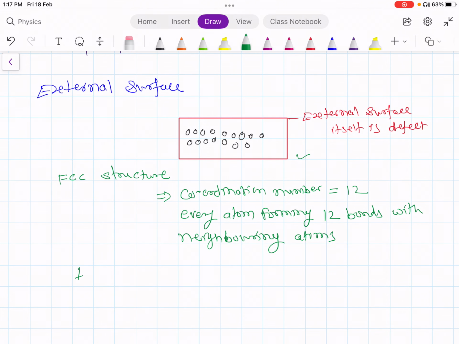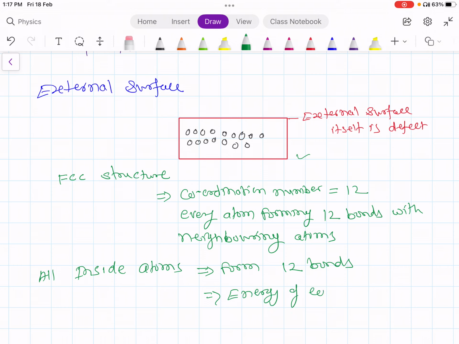In this case, all inside atoms form 12 bonds. Every atom will form 12 bonds, and its energy is minimum. All these atoms are at minimum energy.